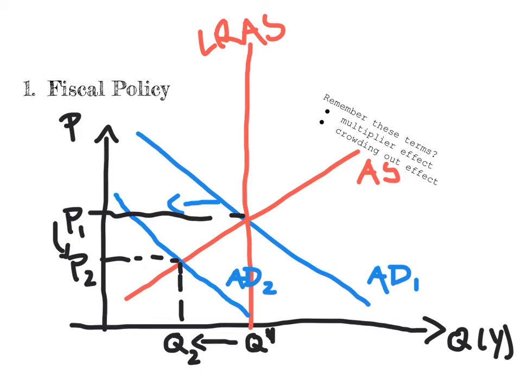Let's quickly think about the components of GDP to understand why this is the case. Why does aggregate demand shift in this direction? Why does it shift in to the left here? So first we think about, remember, what is the biggest component of GDP? It's C, right?